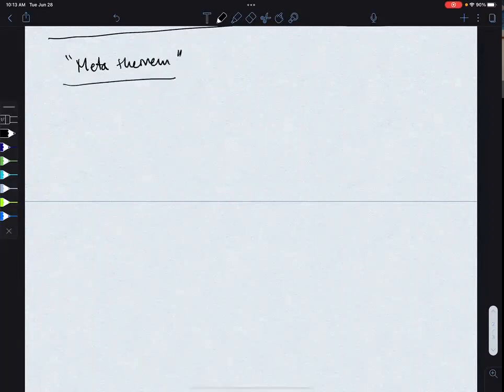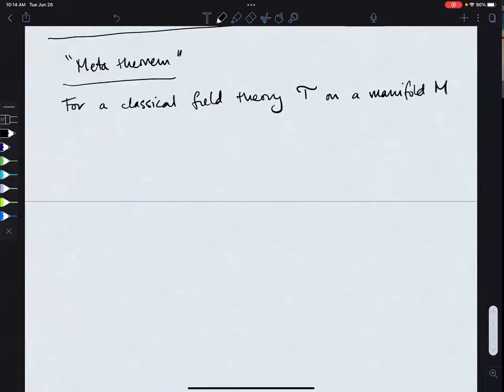So for a classical field theory, called script T, on a manifold M, you can think about phi^4 on R^4, or Chern-Simons theory on an oriented 3-manifold, or your favorite conformal field theory on a 2-manifold.